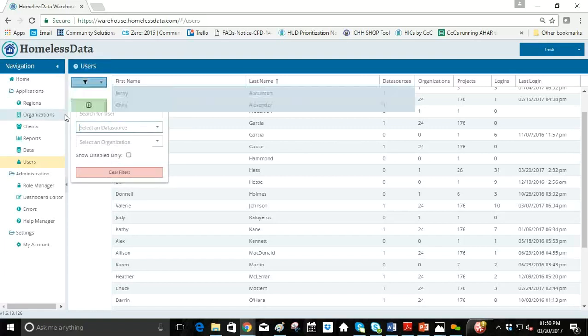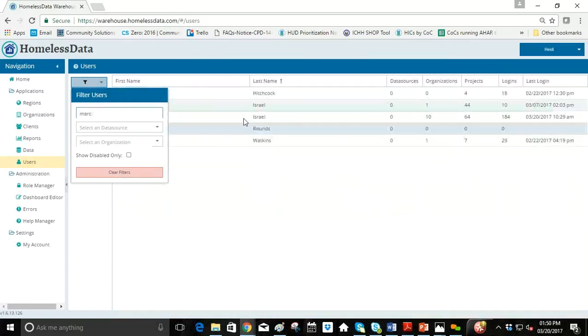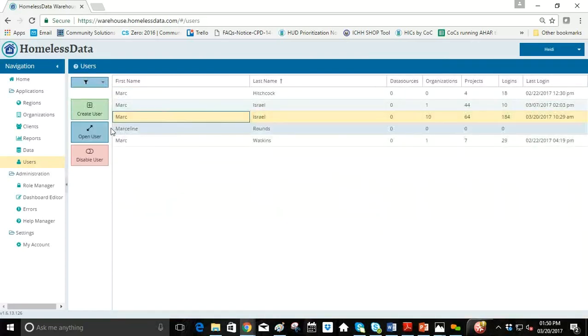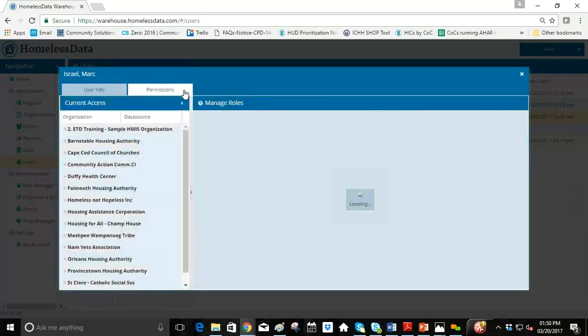Similarly, I want to show how Mark, and thank you also for permission, Mark. Mark is a COC lead on Cape Cod and the islands here in Massachusetts, which is a lovely place to be.